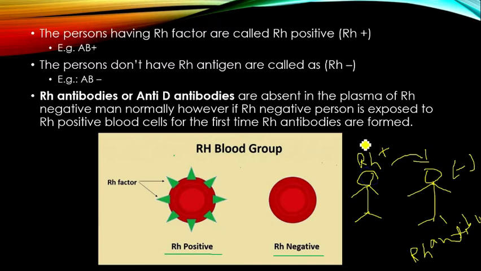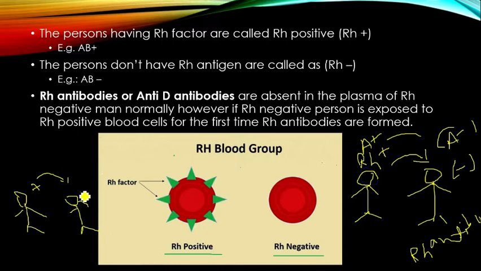For example, if you transfer blood from A positive to A negative, we can see the formation of Rh antibodies in the receiver's body, because we are transferring Rh positive blood into a negative person. Hence, we cannot transfer positive blood into a negative patient.